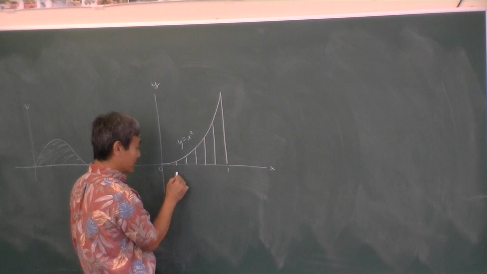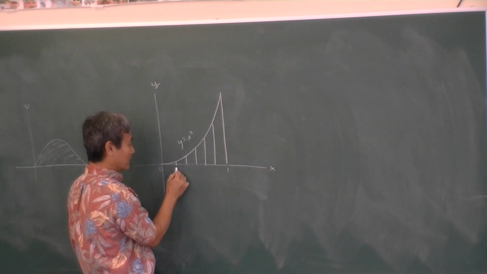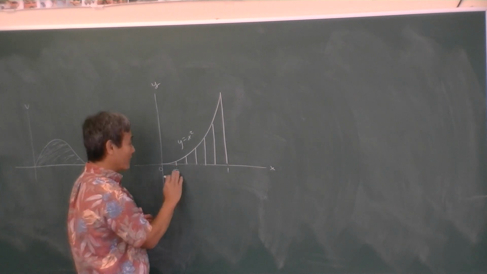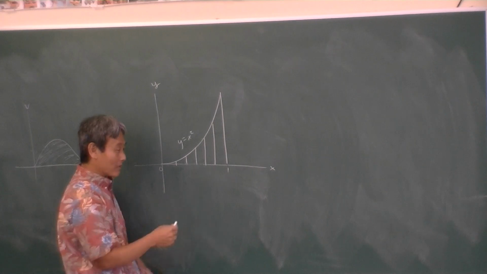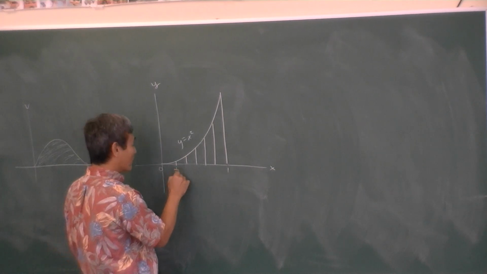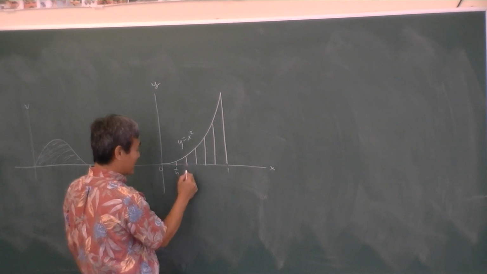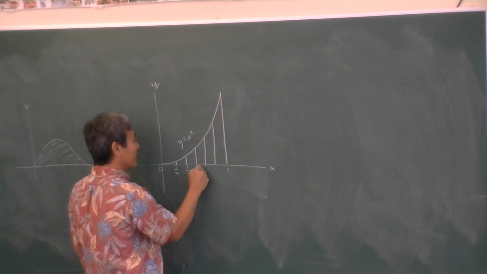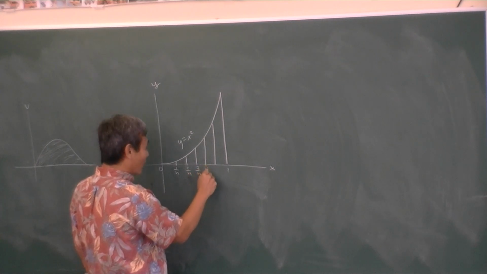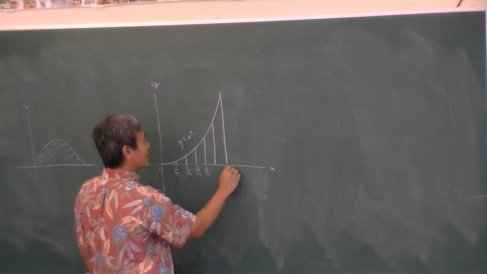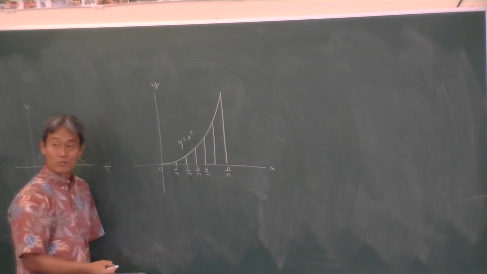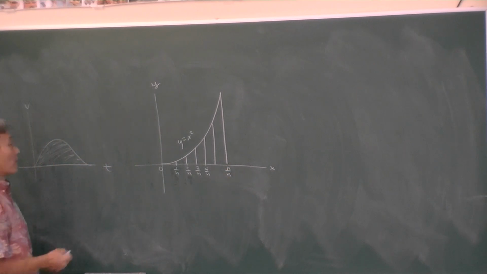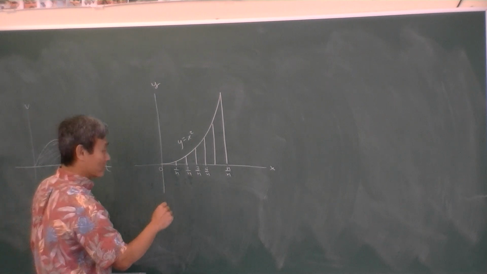Therefore, what is this? 1/6. So if I divide it into n equal parts, then it's going to be 1 over n. And then what's this going to be? 2 over n, 3 over n, 4 over n, all the way until you hit n over n, which of course is 1.